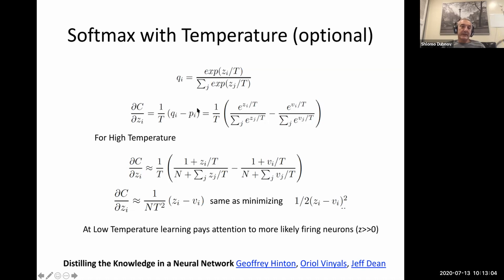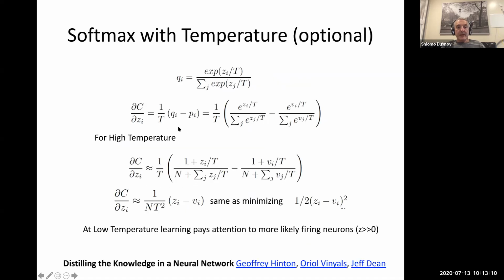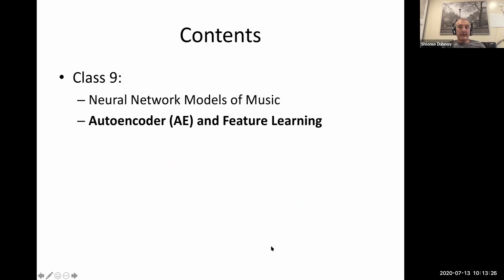So our targets are the P's and Q's that we learn. I'm using this expression here. If this is our new learning function, it will also have 1 over t here. If you want to check out the math in more detail, this is from this paper by Hinton.